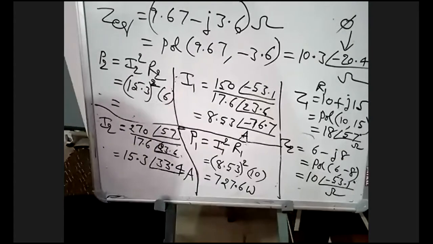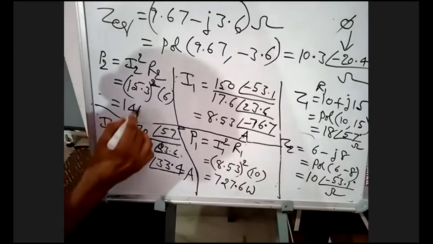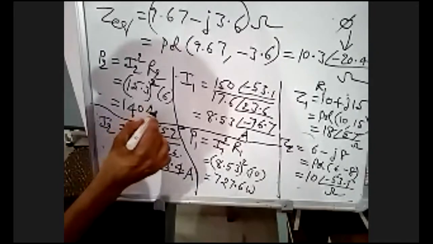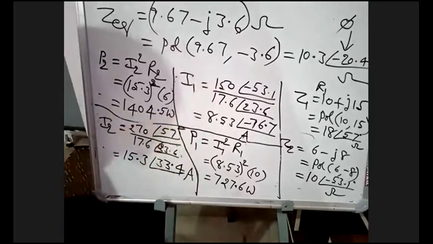How much do you get? 1404.5. This is your power P2.